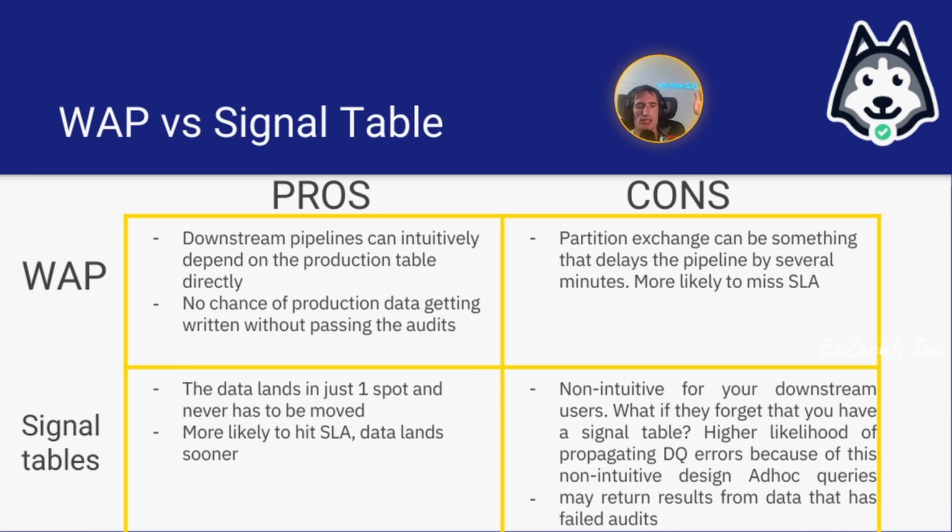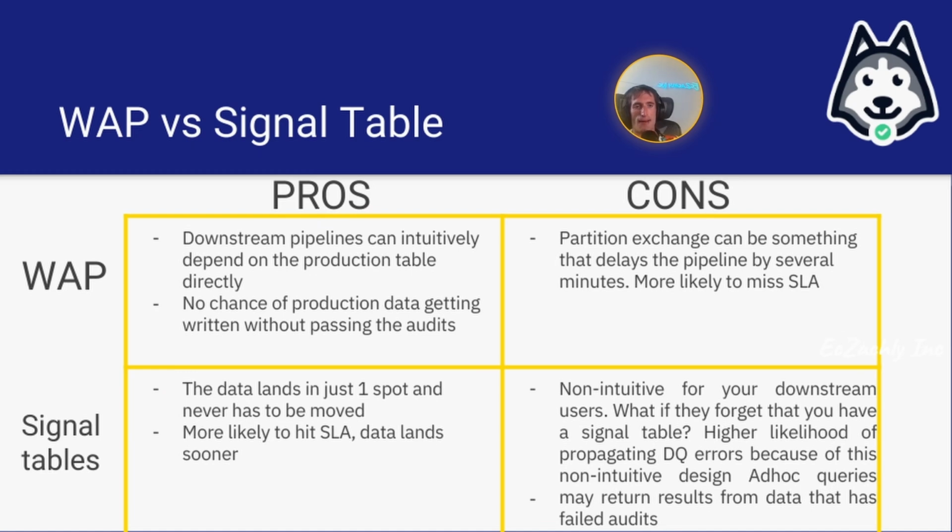That means if you have an ad hoc query user who is querying your production data, they get the same guarantees as the signal table people do in the signal table pattern, which is great. And you don't even have to worry about signal tables. You can just work with production tables, and they can be your signals for your downstream pipelines, which is a lot more intuitive.